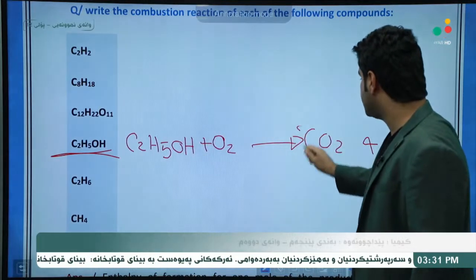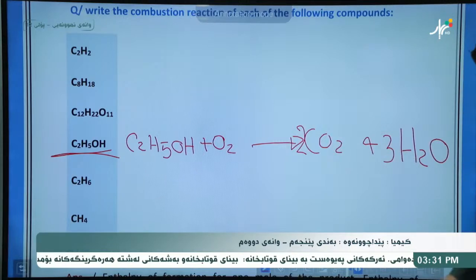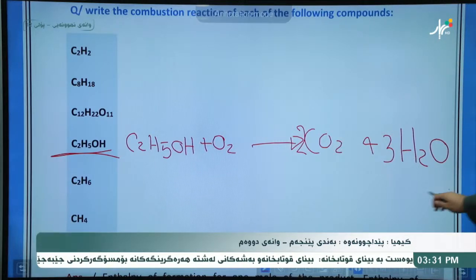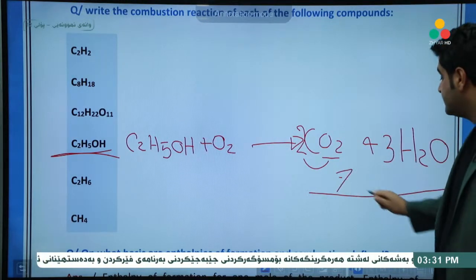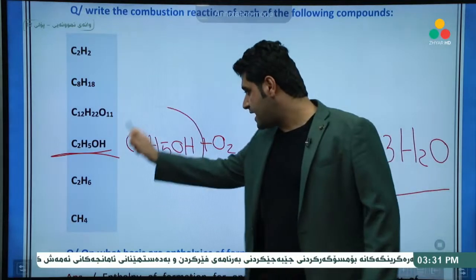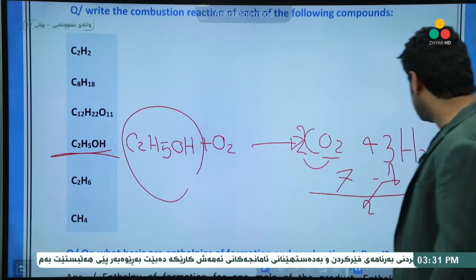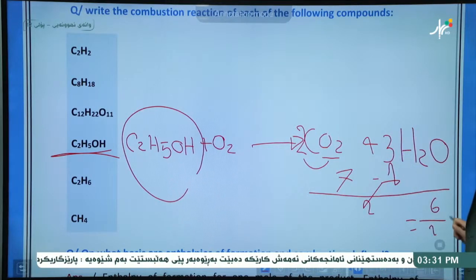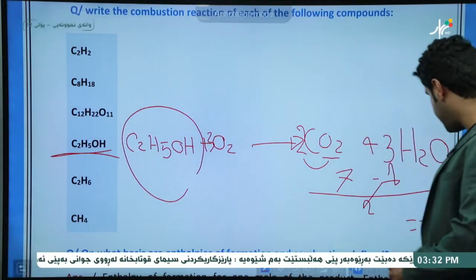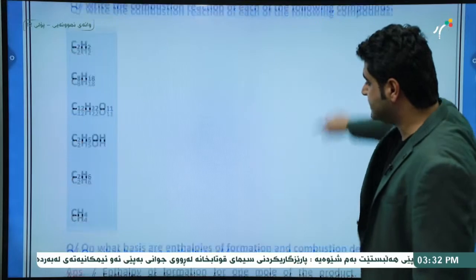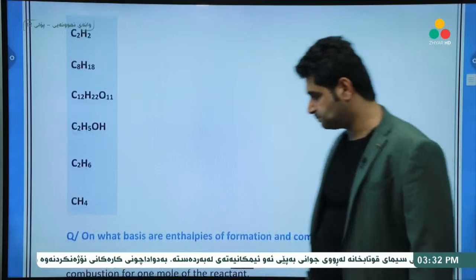Two carbon atoms, 6 hydrogen atoms. Total number of oxygen in the product is 4 oxygen plus 3, which is 7, minus how many oxygens do we have in this formula? 1 oxygen. 6 divided by 2 is equal to 3. So we have to write 3 in here. Just like that, we can write a balanced combustion reaction.